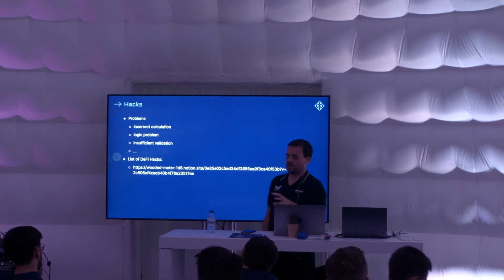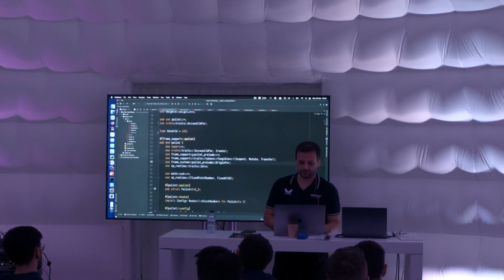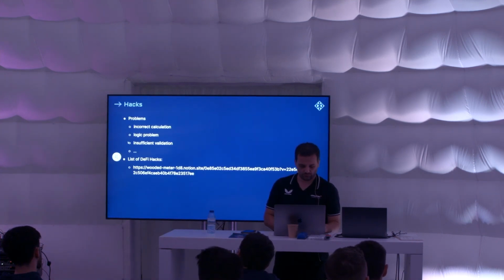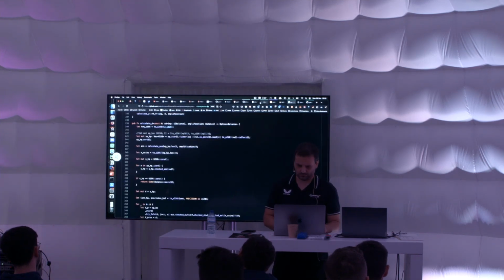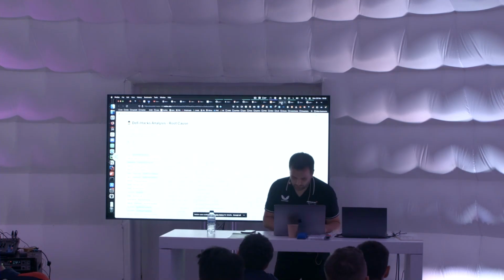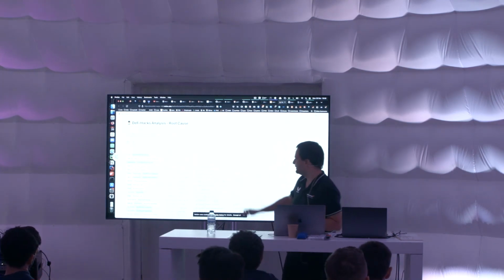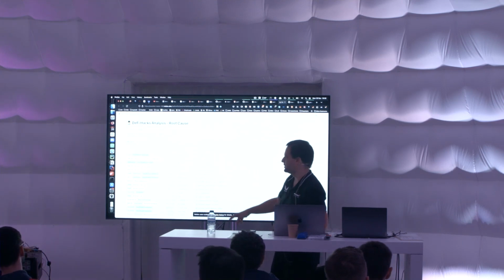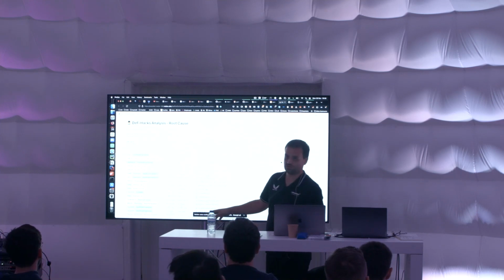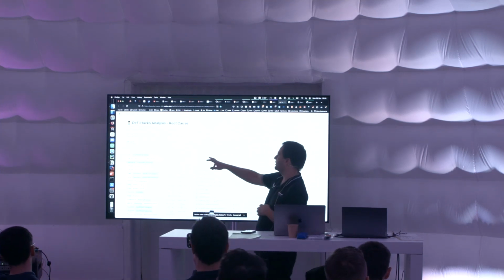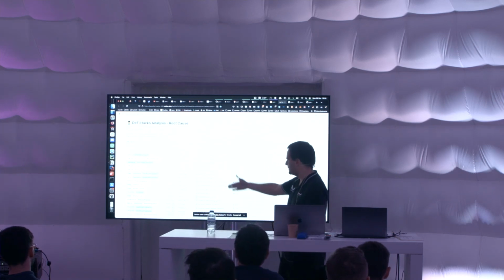There is a nice curated list of DeFi hacks, which I can show you. Here. This is a list of hacks, and you can see the project and the root cause of each problem. We can see that a lot of them are incorrect calculation, insufficient validation, access control, and so on.